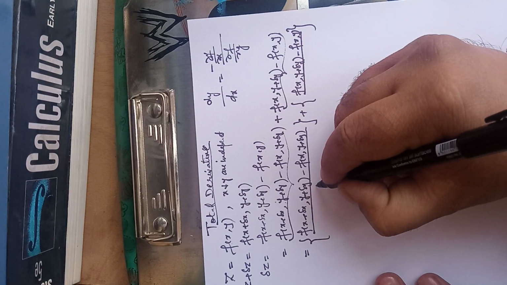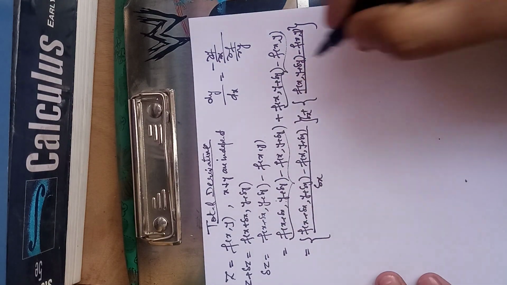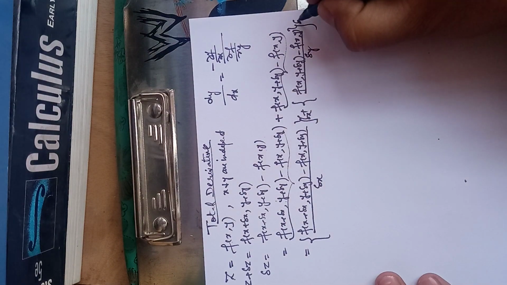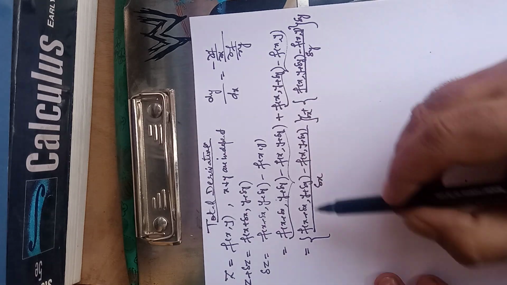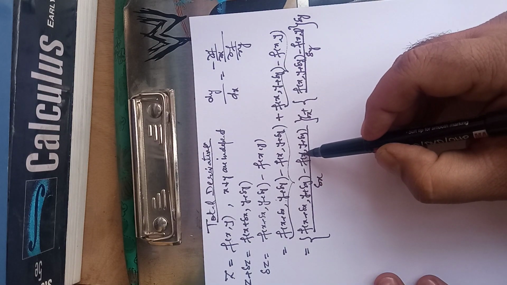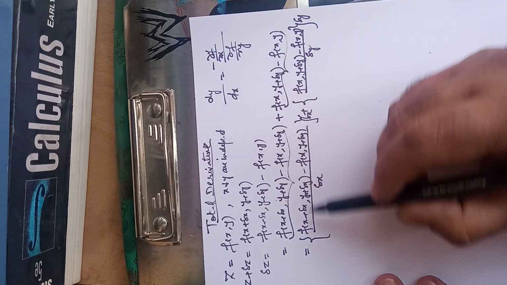Okay, I have done nothing. Now let me divide this by delta x and multiply this by delta x. Divide this by delta y and multiply this by delta y. Now what is this? You see, here you have y plus delta y, but x is x plus delta x, meaning y is constant, x is changing.